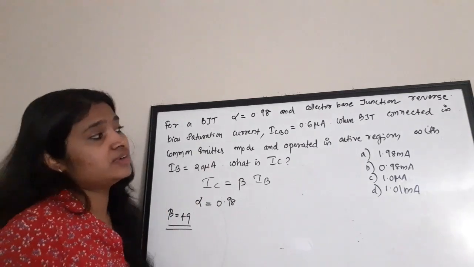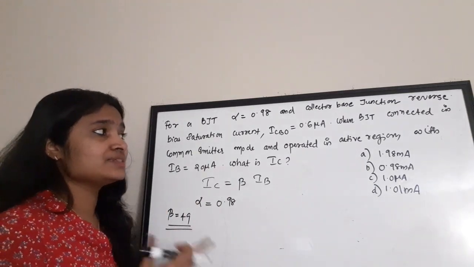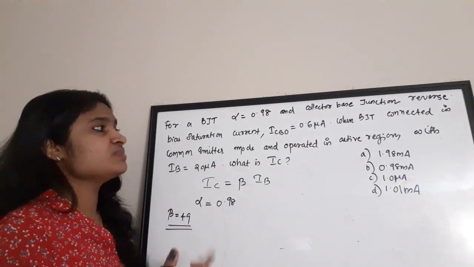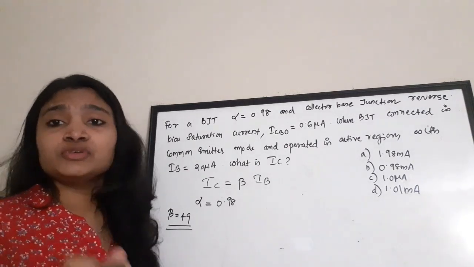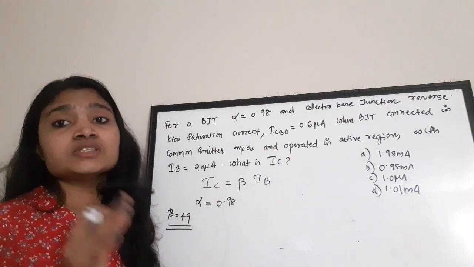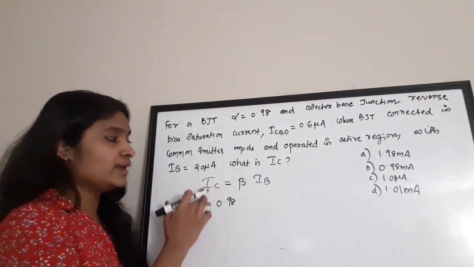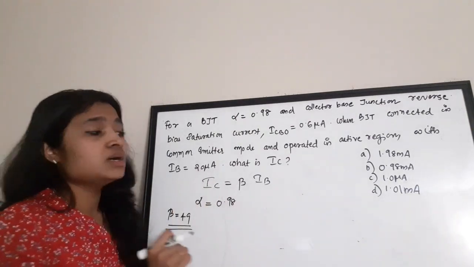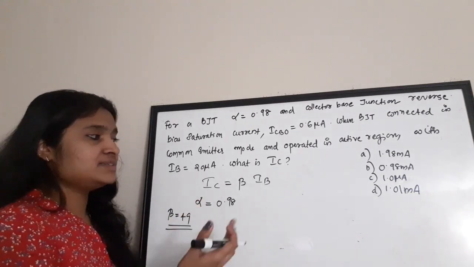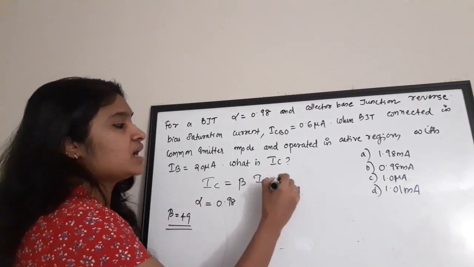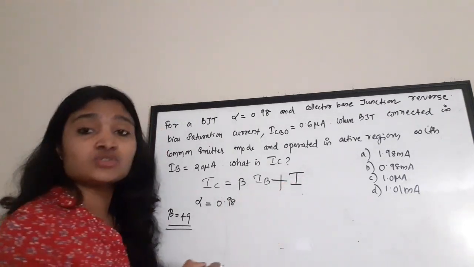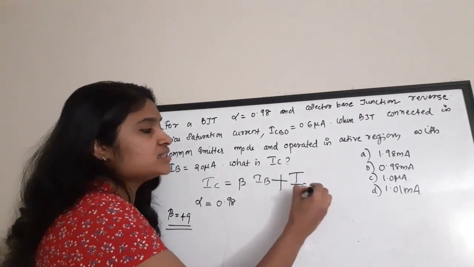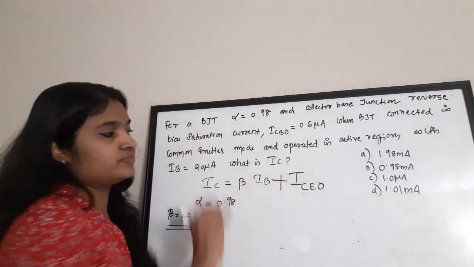But they have given the value of ICBO, the collector base junction reverse bias saturation current also. So that is an indication that you have to take into consideration the reverse bias saturation current also while finding IC. So the equation for IC will now get modified as beta times IB plus the reverse bias saturation current of collector to emitter junction.